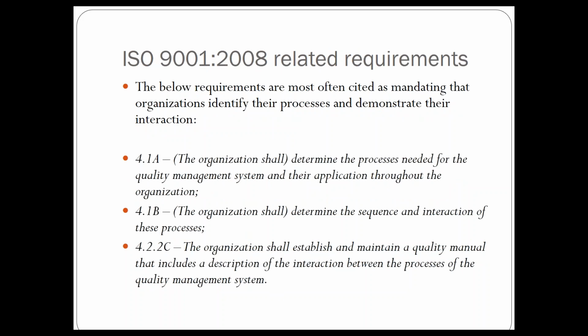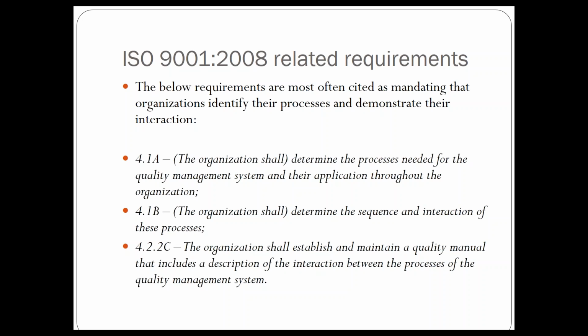Now, looking back to ISO 9001-2008, which will of course be expiring in just a couple days, the requirements that were cited for this were as follows. In section 4.1, we had two clauses. First, the organization shall determine the processes that are needed for the quality management system and their application throughout the organization.